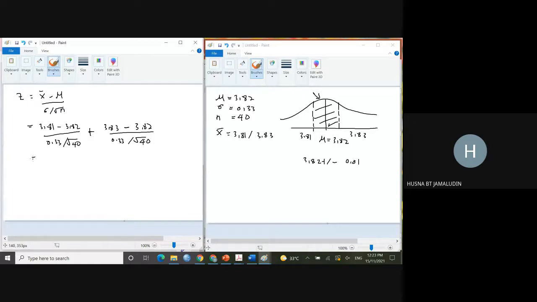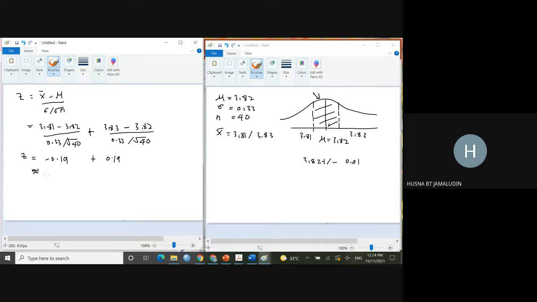So the first calculation will give you the value of, I don't remember, negative 0.19, and the second should give you the same thing, which is positive 0.19. So these two, when you look into the z table, this is the value of z, okay? It is not your probability.